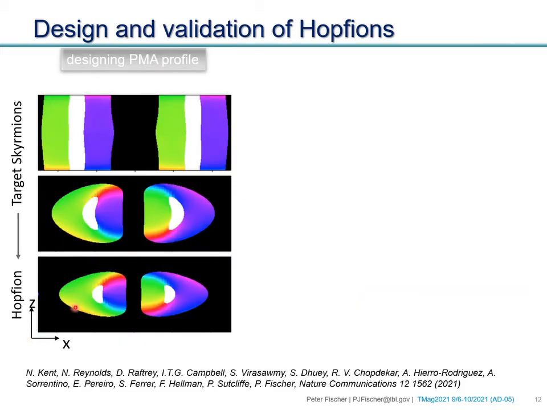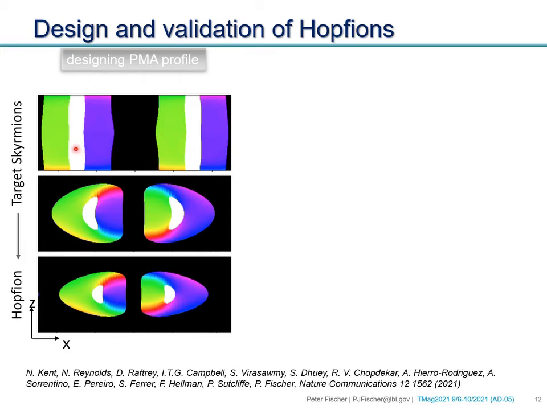So let me go back briefly one more time. We then designed these Hopfion systems following the theoretical predictions and simulations, in such a way that we designed the PMA profile across the thickness of the multilayers. What you see here are, again, simulations that we did together with Paul Sutcliffe.